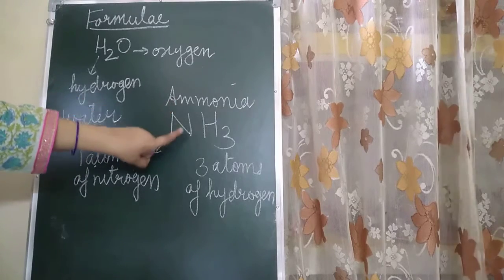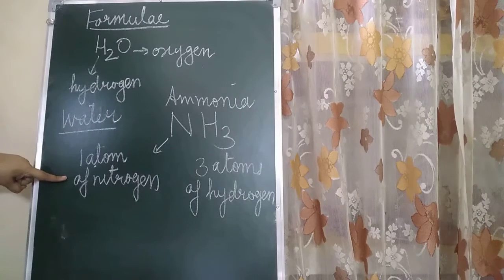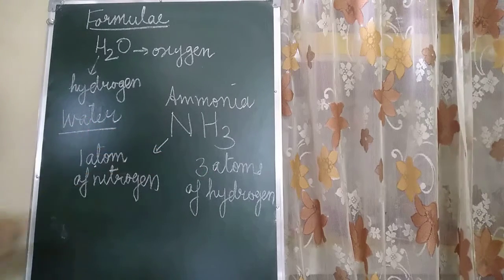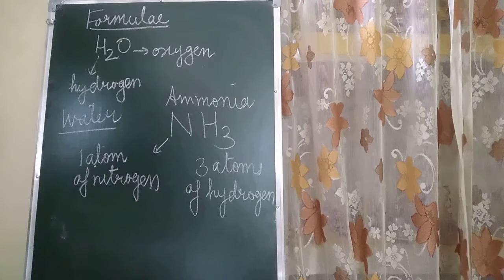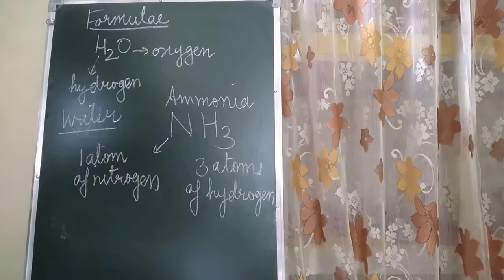For ammonia it is NH3: 1 atom of nitrogen and 3 atoms of hydrogen. Okay children, this was about the formula.